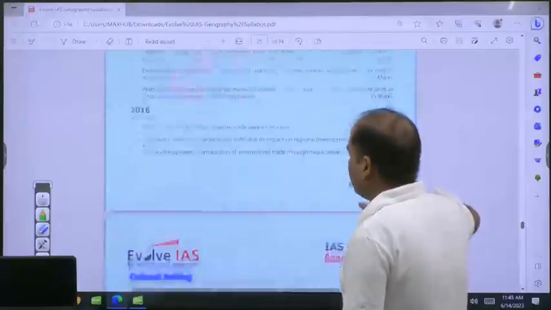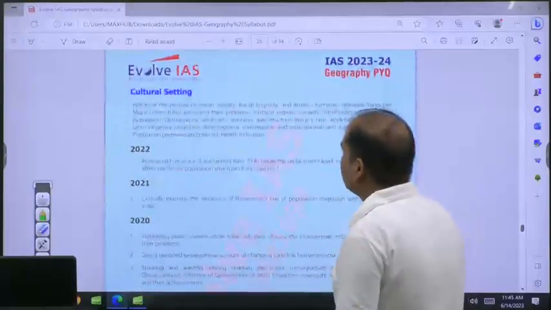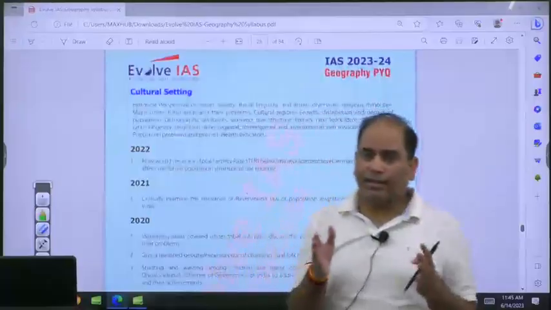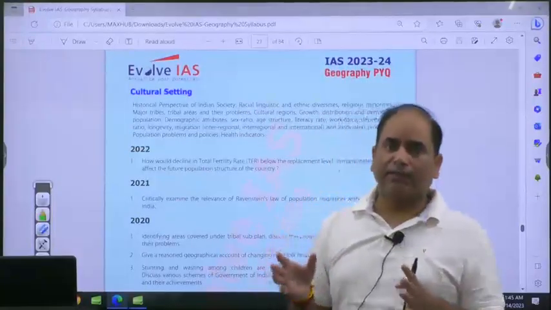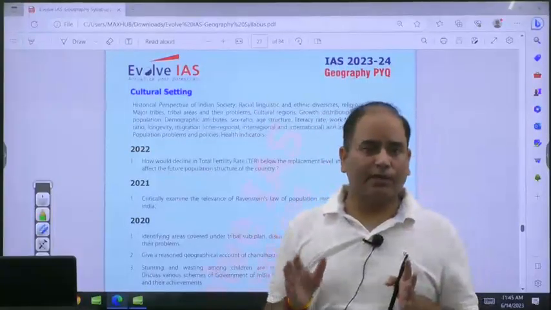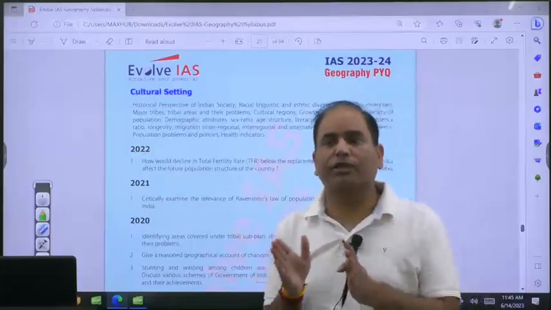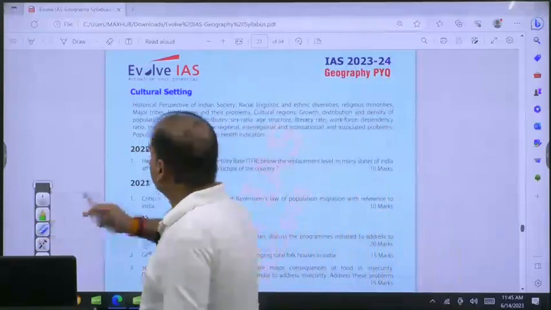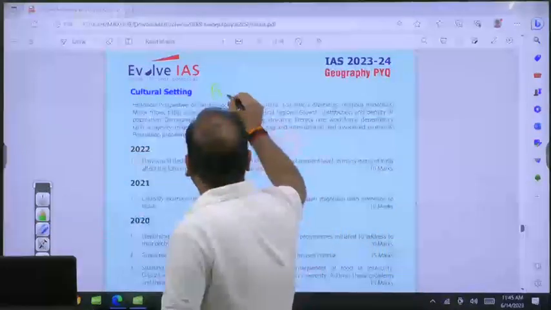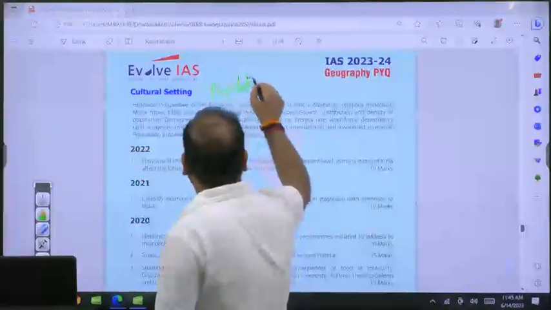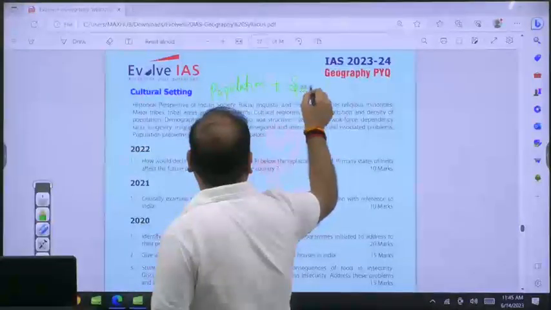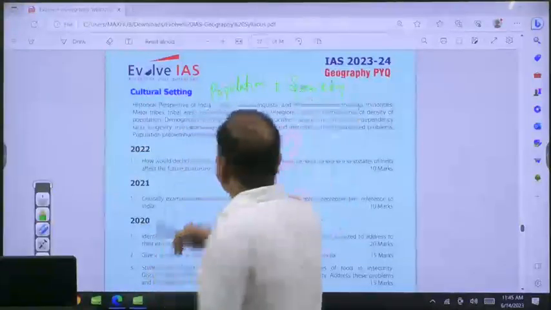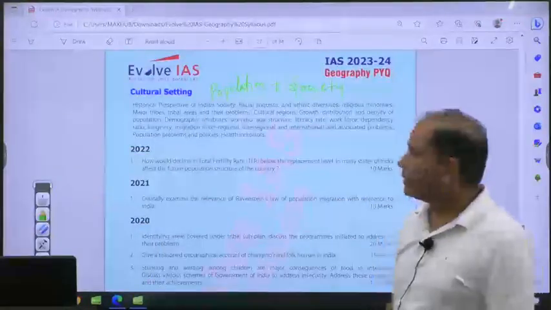we have a chapter called cultural setting. While discussing the syllabus, I must have told you that cultural setting is population plus society. So cultural setting is nothing but population plus society.